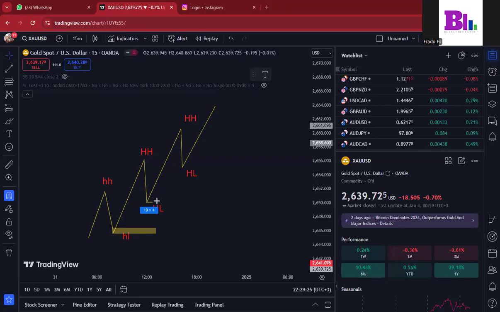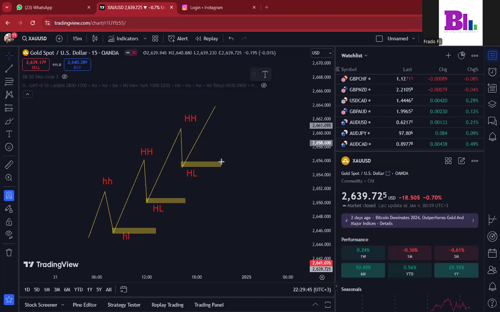For example, because this is an uptrend, these areas where the expansion begins are where we can have what we call demand. That is where we can have demand, and this is our point of interest.